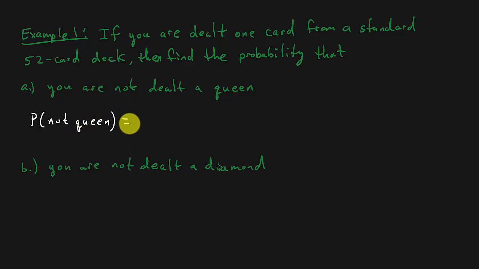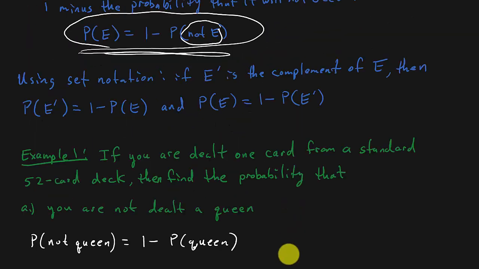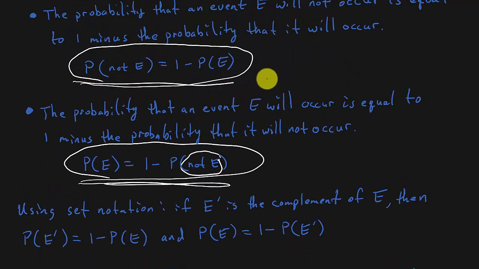All right, so we use that complement rule we just went over. We know that there are 4 queens in the deck. So if I do 1 minus the probability that there is a queen, you see that? That's this right here. The probability of not a queen is equal to 1 minus the probability there is a queen.